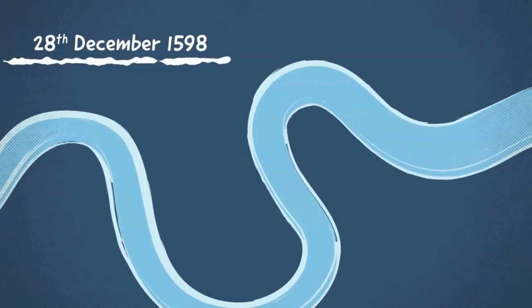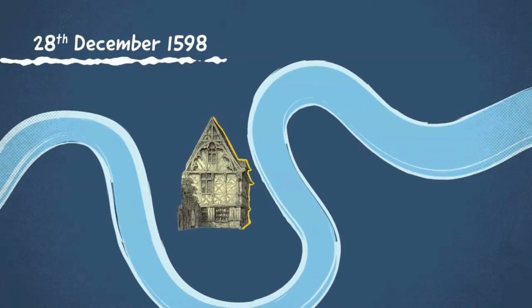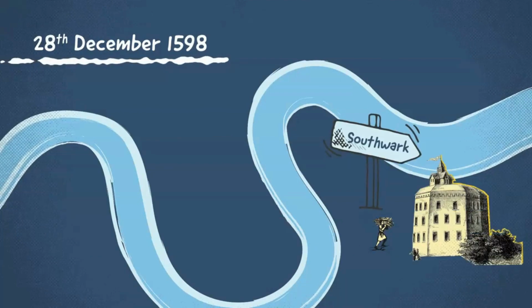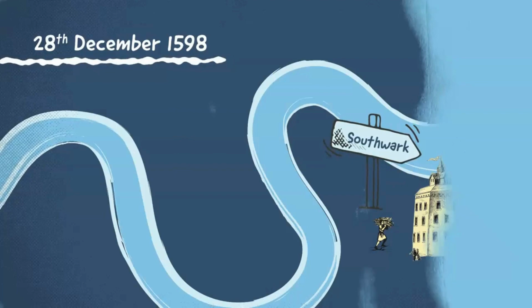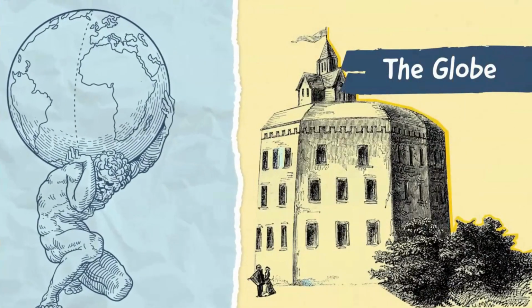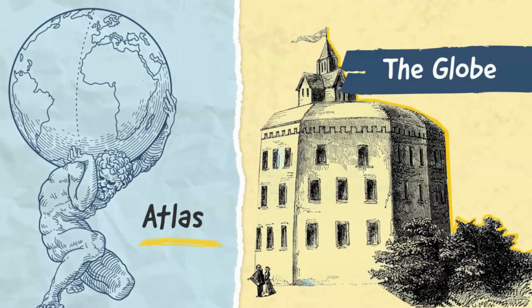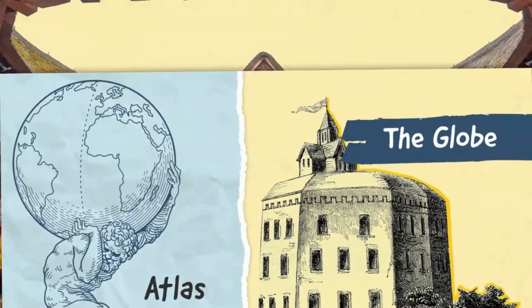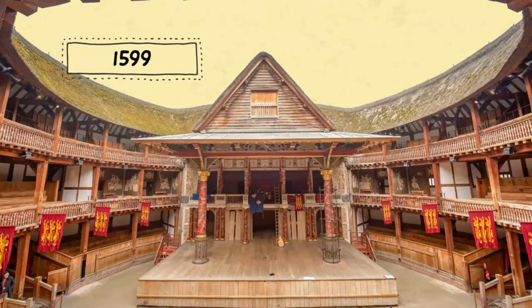So, in the middle of the night, on the 28th of December, 1598, the actors in Shakespeare's company secretly dismantled the theatre, piece by piece, and carried it across the River Thames, which had frozen over. They rebuilt their new theatre in Southwark, on the south side of the Thames. They called it the Globe, after the image from Greek mythology of Atlas carrying the world on his back, just like the actors had carried the wooden timbers on their backs. By 1599 it was finished.